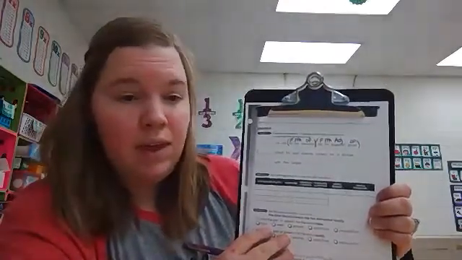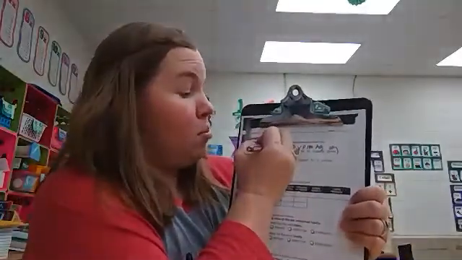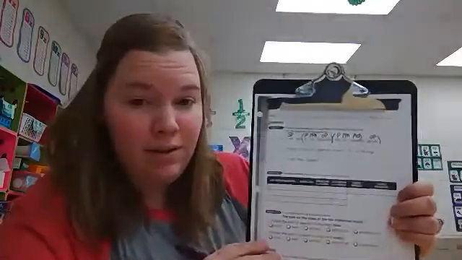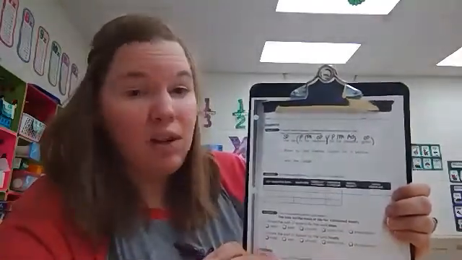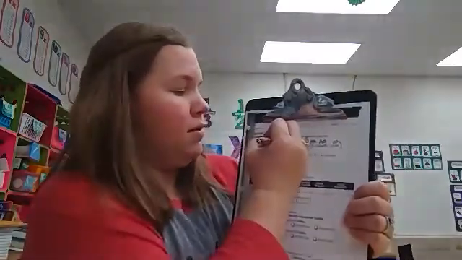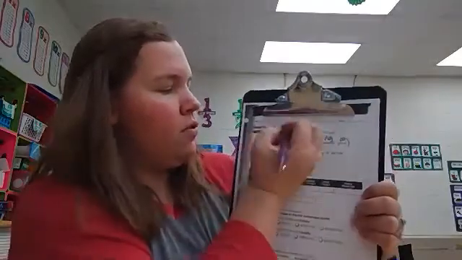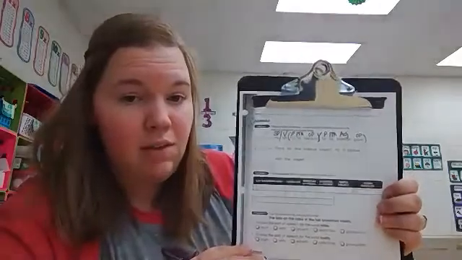Now we're left with he ran. So who ran? He, subject pronoun, SP. What is being said about he? He ran, verb. Okay, so we will divide the subject from the predicate between the subject and the verb.